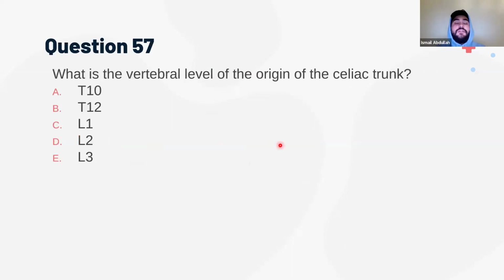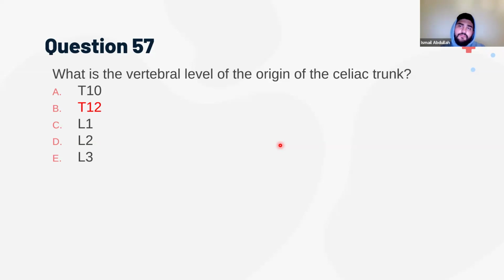Okay, so what is the vertebral level of the origin of the celiac trunk? Yep, that's going to be B. What about the inferior mesenteric artery? What do you think? Yes, it's going to be L3.